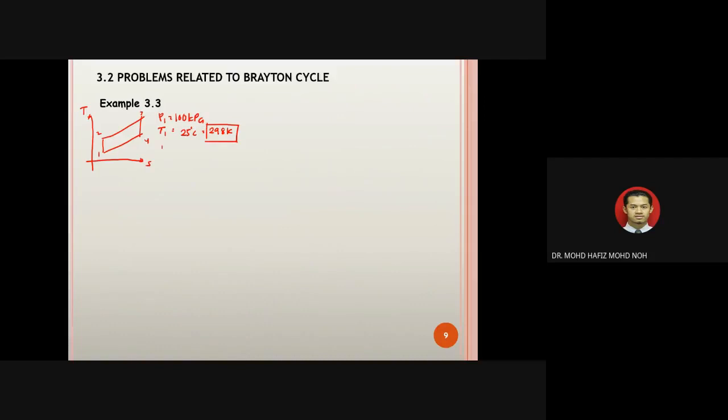And then they give you the mass flow rate, 6 kilogram per second, and the pressure ratio Rp equal to P2 over P1 equal to 5. They also give you T maximum, which is 850 degrees Celsius, so T3, which is equal to 1123 Kelvin. Clear?